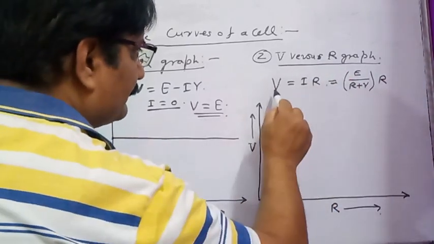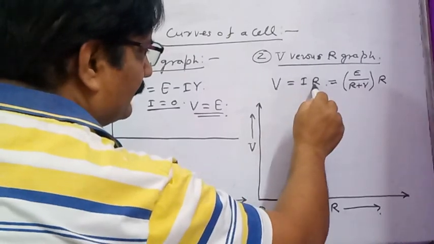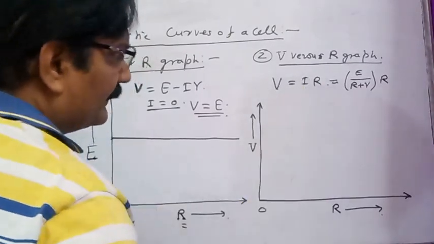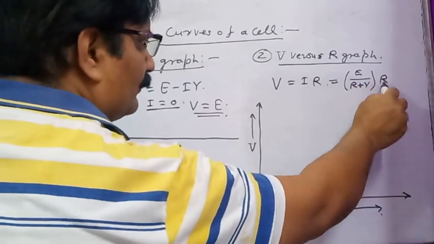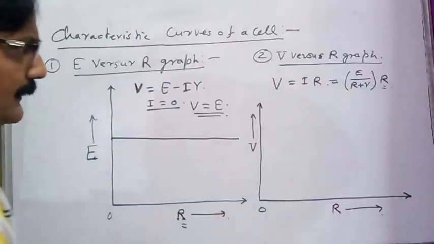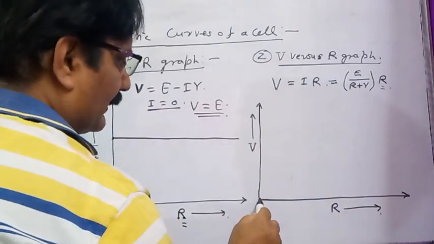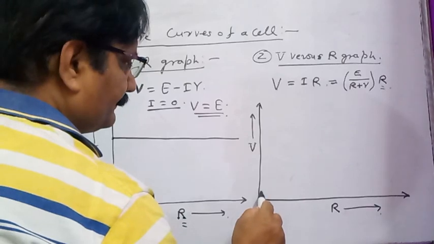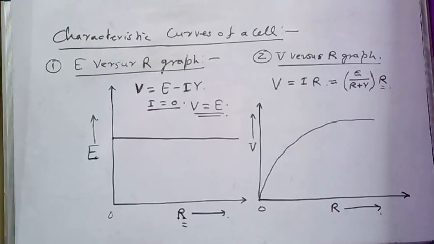This graph is V is equal to I into R, external resistance multiplied by current, and that would be EMF divided by (R plus r) into external resistance R. In the case if R is increasing, the graph looks like this.